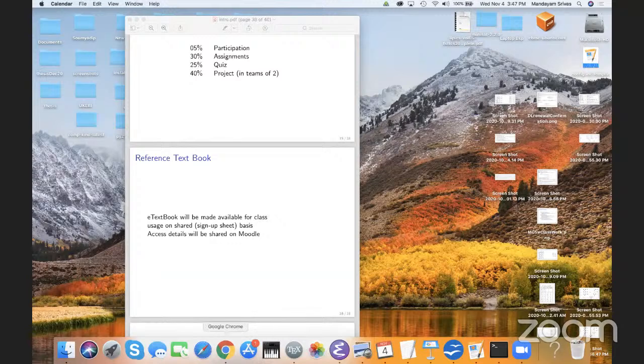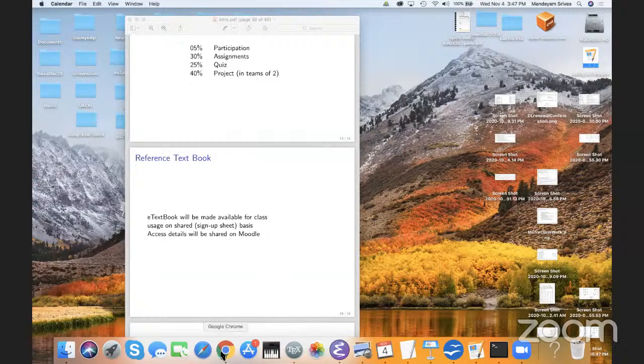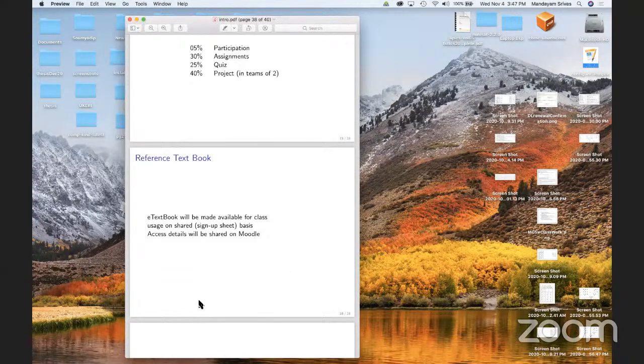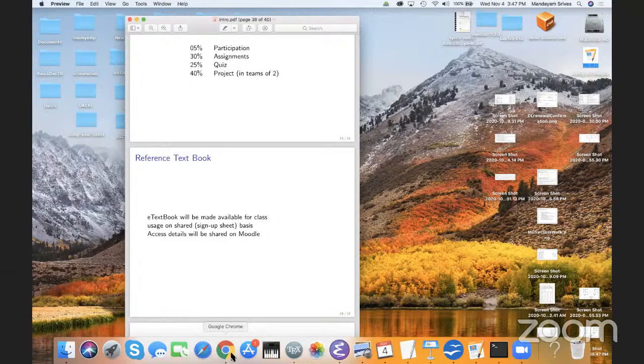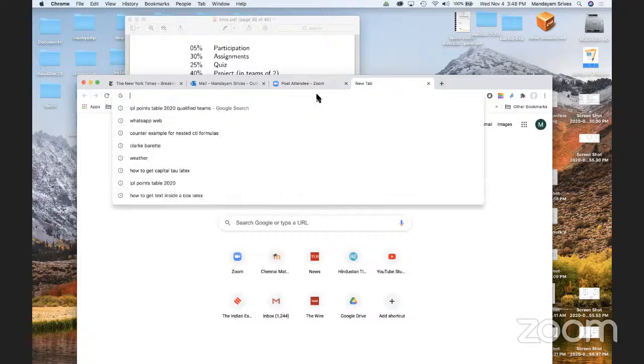Siddharth, are you there? Sir, I couldn't find the book on Moodle. I can only see the book by AWS. The decision procedure book is not there? Oh gosh.